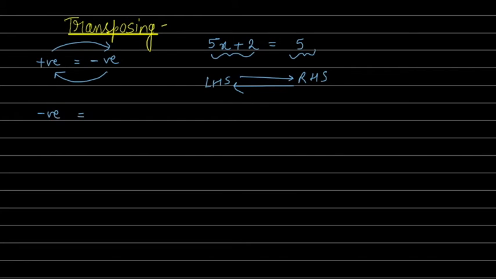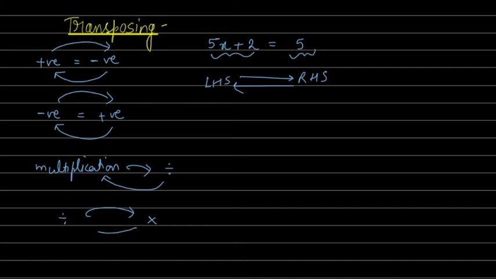Similarly, a negative term changes to a positive term. Suppose minus 5, if you take it to the other side, it becomes plus 5. A term in multiplication, when you transpose it to the other side, goes to division. Similarly, division goes to multiplication. So these are the 4 operations.